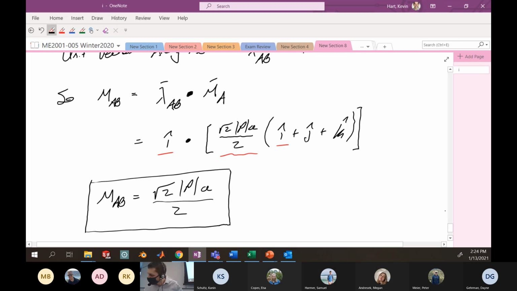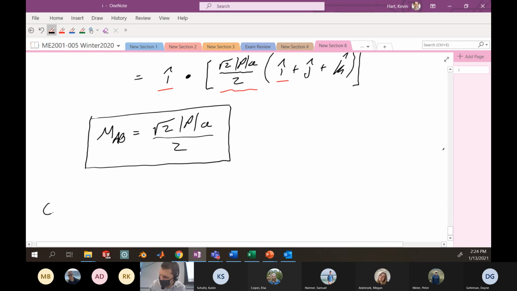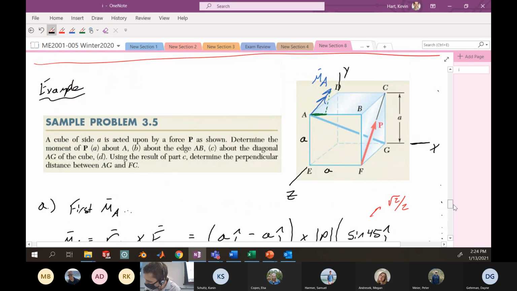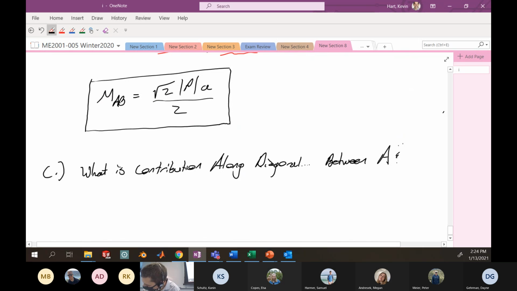Now a little bit more complicated is part C. What is the contribution along the diagonal between, on this figure, point A and G? Well, again, the procedure is more or less exactly the same.